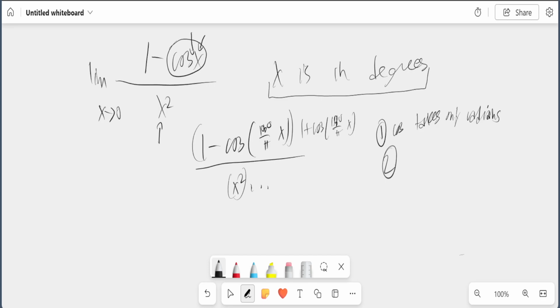And so you get 1 minus cosine squared, which is sine squared, of 180 over pi x over x squared, times blah blah blah in here still. We have a 180 over pi in here, but we need it out here, so let's put 180 over pi squared because we want to do this twice, and then put that over here as well.